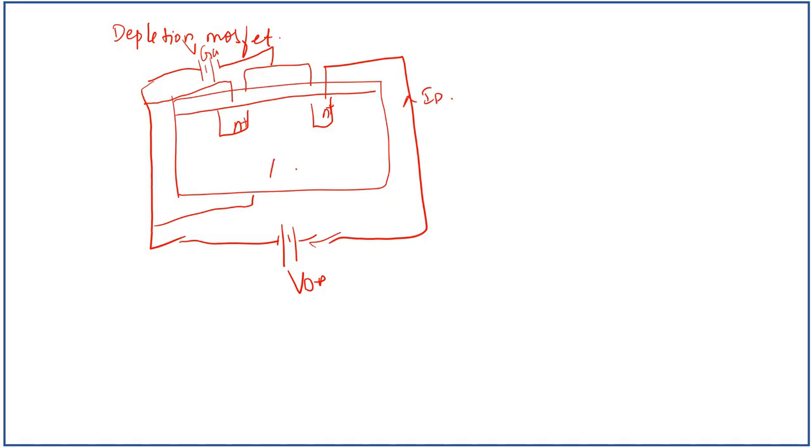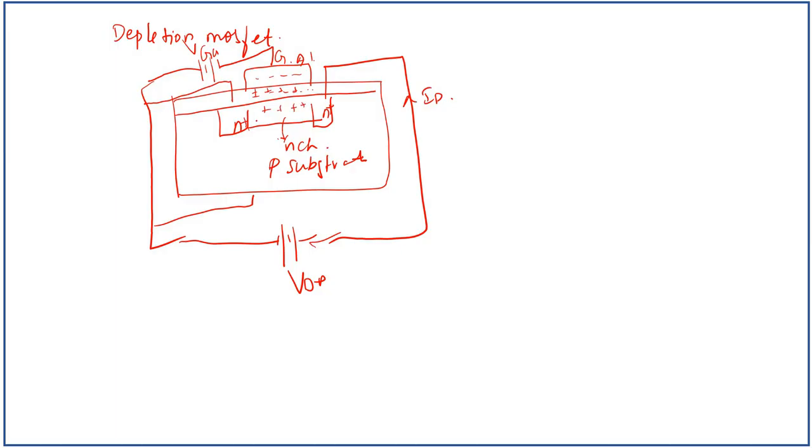This is a P substrate, since it is an N channel MOSFET, and there is an N channel available first itself. In this aluminum layer, in this gate connection, because of this negative voltage, a negative voltage is found here, followed by positive here, negative again because of charge inversion, and here a positive voltage.